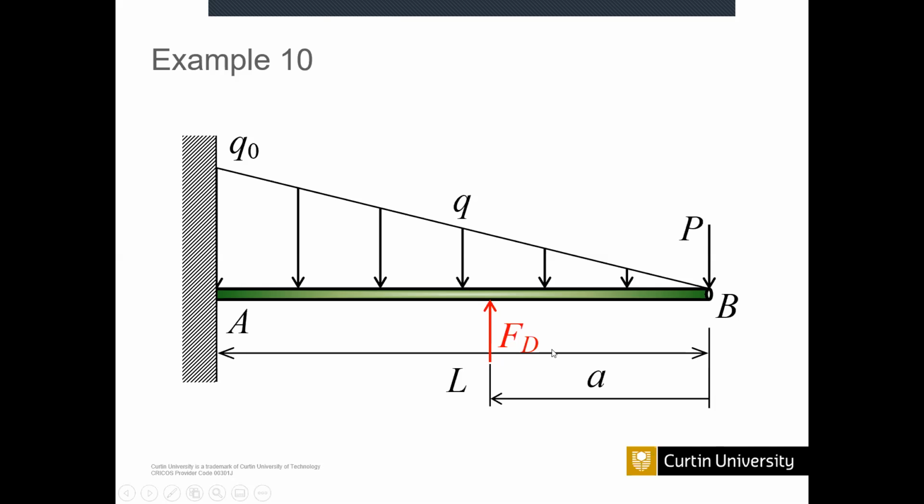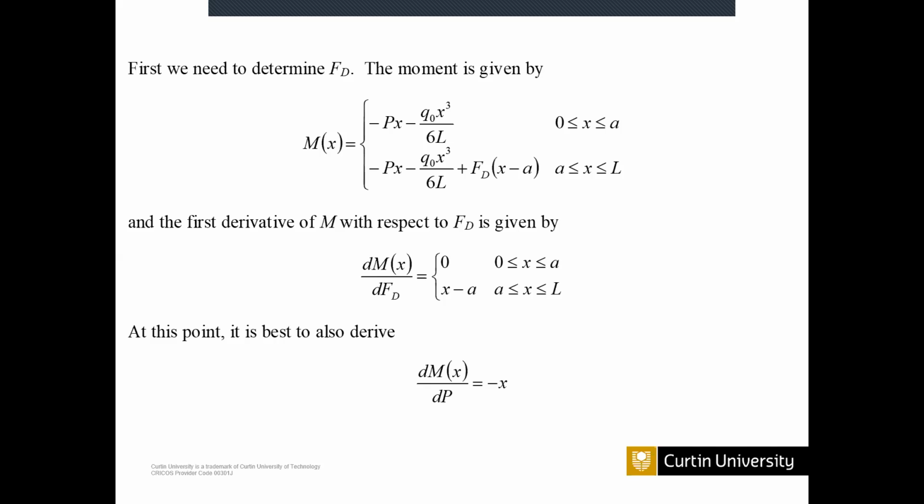These reactions we don't know, but we know that at this point the vertical deflection equals 0. So we find the vertical deflection equation, which will contain FD. That equation should equal 0. Then we can find the FD value, the force. That's what we are going to do now.